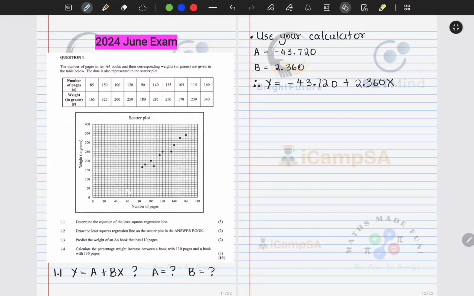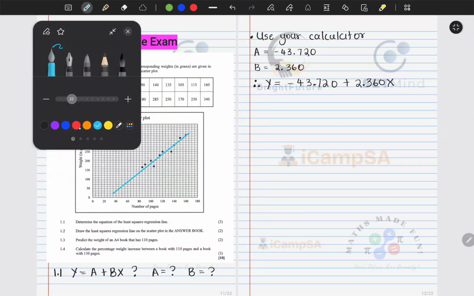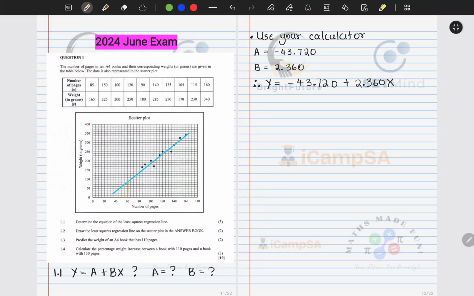You can take 60, take 80, and then take your 100, and so on, in order for you to draw your graph accurately. But I'm just going to put in a rough line like this here. You can go ahead and make sure that it's 60, or at a value that is not very far off from 100, and so on. Okay, so let's go then to 1.3.